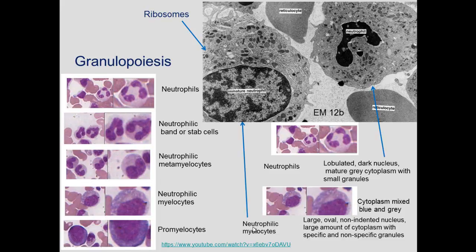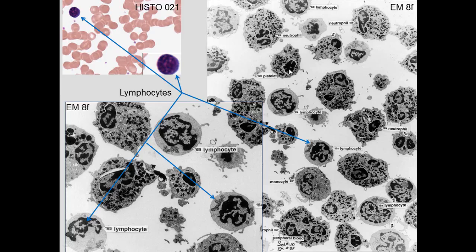But if we look at a neutrophilic myelocyte, a precursor cell, we can see an oval nucleus, not lobulated yet, and we can see the cytoplasmic components. There are a lot of non-specific granules located in there, but some specific granules as well.